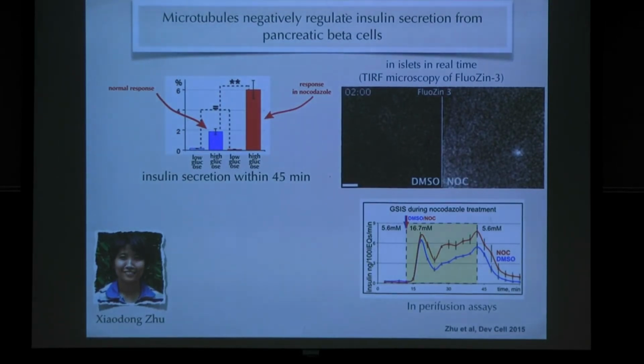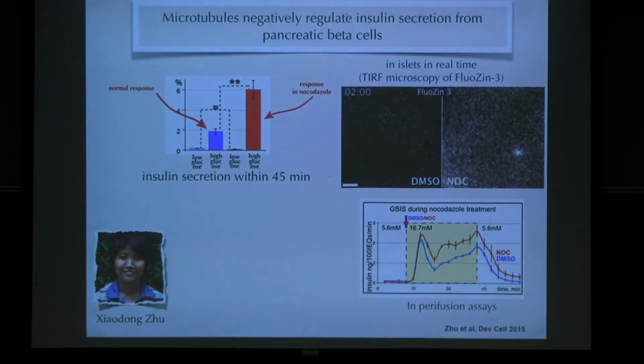But without microtubules, you can see that low glucose secretion is the same basal secretion, but the glucose-stimulated secretion goes up significantly, which is completely counterintuitive. And I always say that this was one of those moments when I told Xiaodong, who did the work, it cannot be true, you probably swapped the tubes. But no, she didn't.